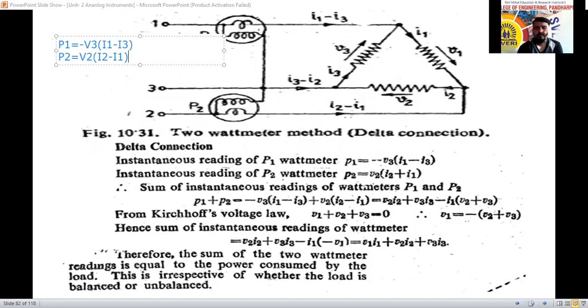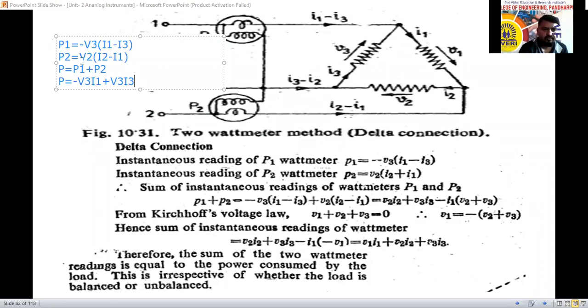Next, substitute total P equals P1 plus P2. Again the same equation: P1 equals minus V3 into I1, minus into minus is plus, so plus V3 I3.